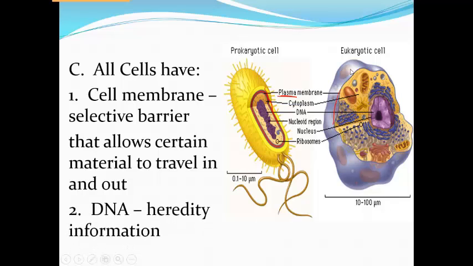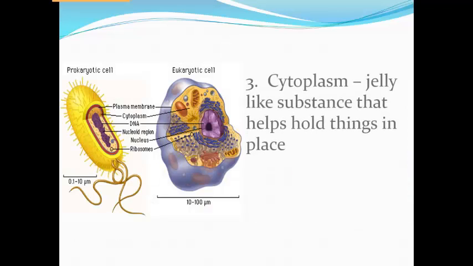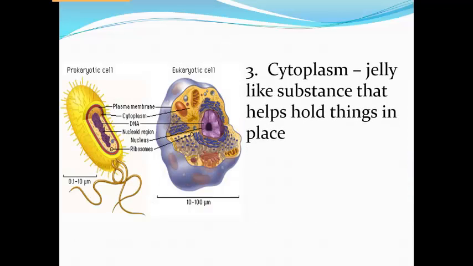And then also DNA. Now we know that between prokaryotes and eukaryotes the DNA is not in the same location, but you can see on here that they both do have the DNA. Thirdly, they both have cytoplasm, and cytoplasm is a jelly-like substance that helps hold all these organelles in place. So for you and I, since we have eukaryote cells, we have all these organelles that we have to hold into place.